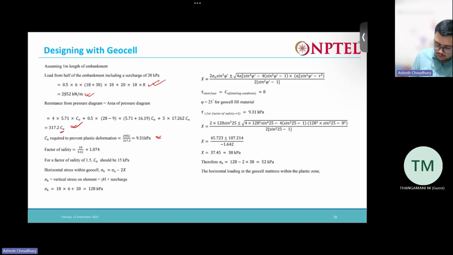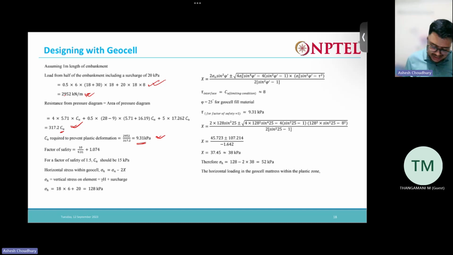So at least we need to have 9.31 Cu. The cohesion of the soft soil should at least be 9.31 in order to prevent the plastic deformation of the soil. So in order to resist this load, at least the soil should have 9.31.